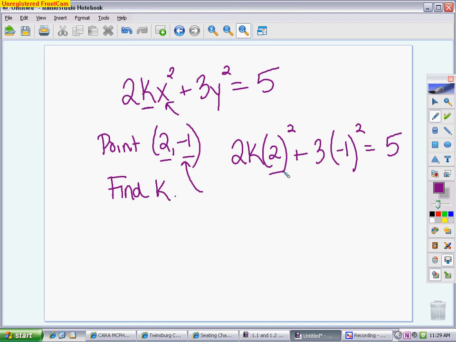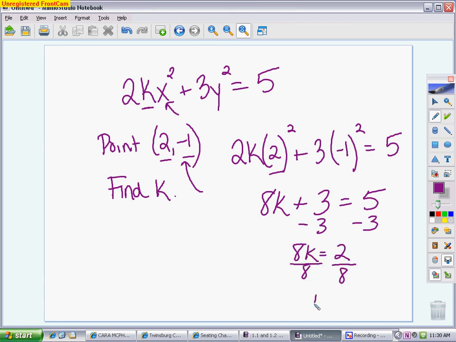Simplify, so I know 2 squared is 4, 4 times 2 is 8, so we get 8k, plus negative 1 squared is 1, it's positive, times 3 is 3, equals 5. And now you have a basic linear equation. Subtract 3, 8k equals 2, divide by 8, we find that k equals a fourth.